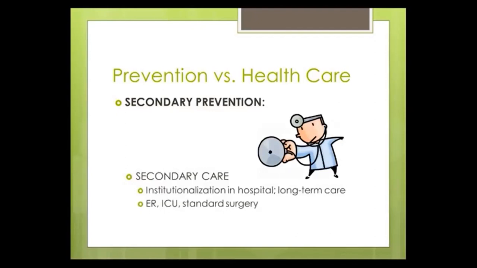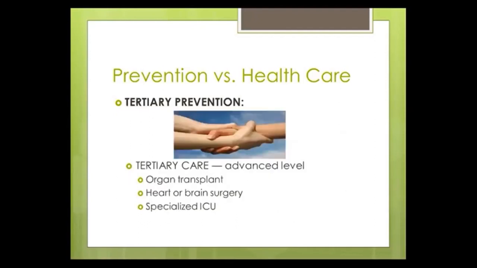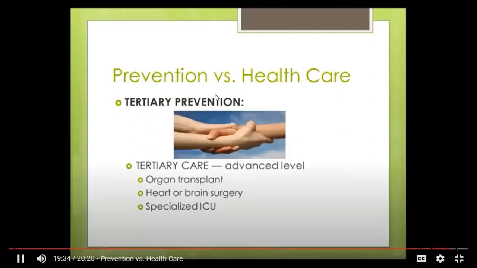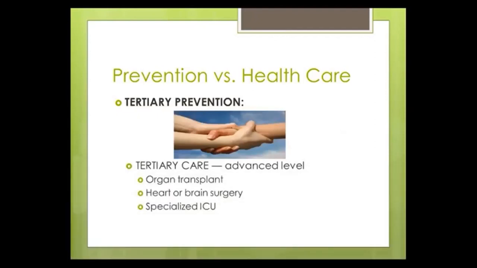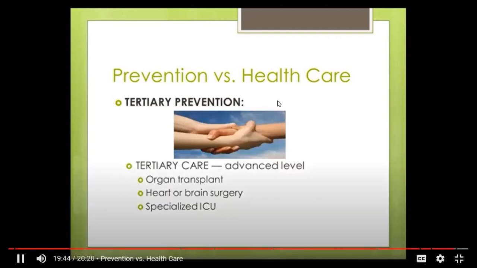So our focus is on finding an illness early so that it can be treated early. So we do screenings and we treat diseases so that they don't progress. Tertiary prevention restores a patient to their optimal level of health, and we do this through rehabilitation and support groups.